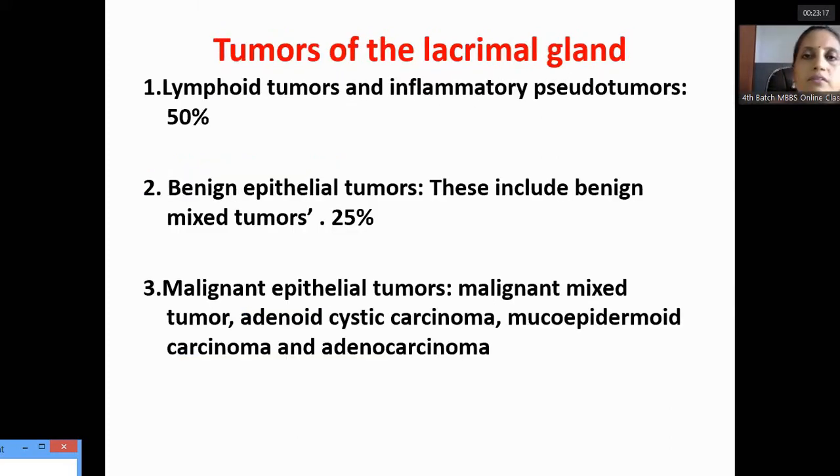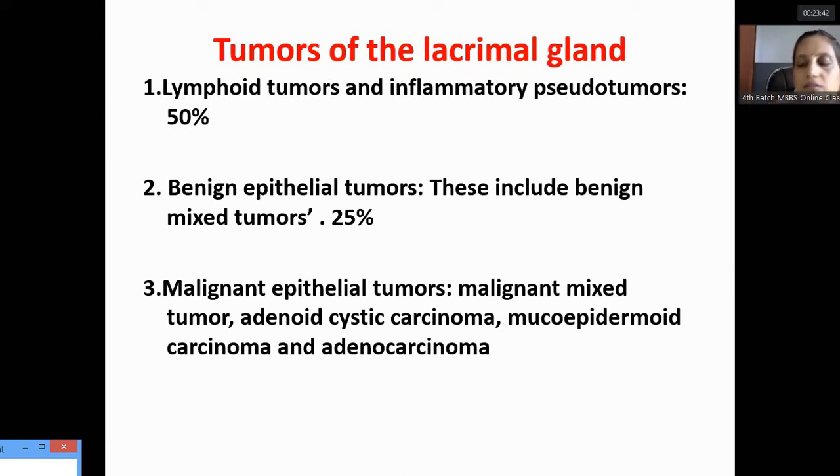There can be different tumors of the lacrimal glands: lymphoid tumors and inflammatory pseudotumors in 50% of the cases, benign epithelial tumors or mixed tumors in 25%, and malignant epithelial tumors like adenoid cystic carcinoma, mucoepidermoid carcinoma, and adenocarcinoma in 25%.